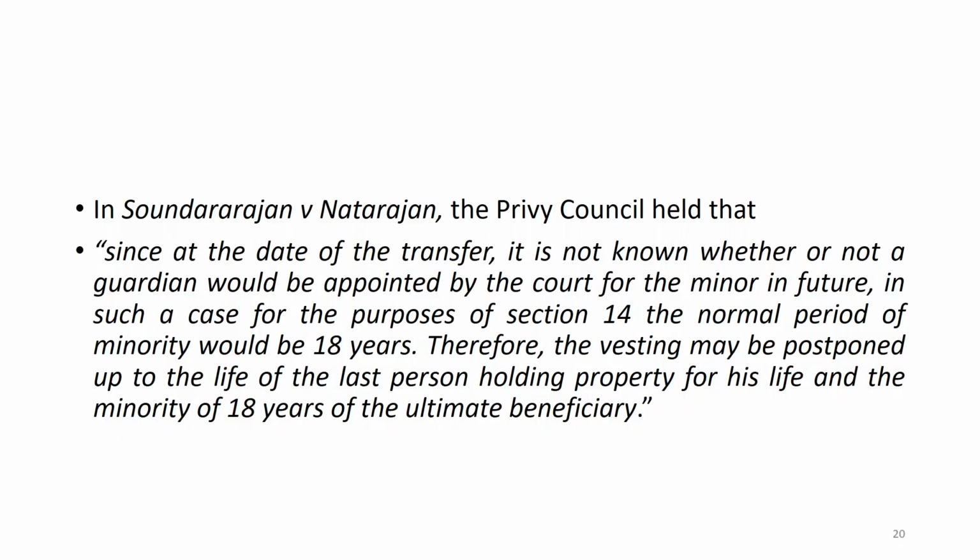If a guardian is appointed by the court prior to the 18 years, then certainly it will be converted into 21 years, otherwise 18 years will be the general rule in that case. Okay.